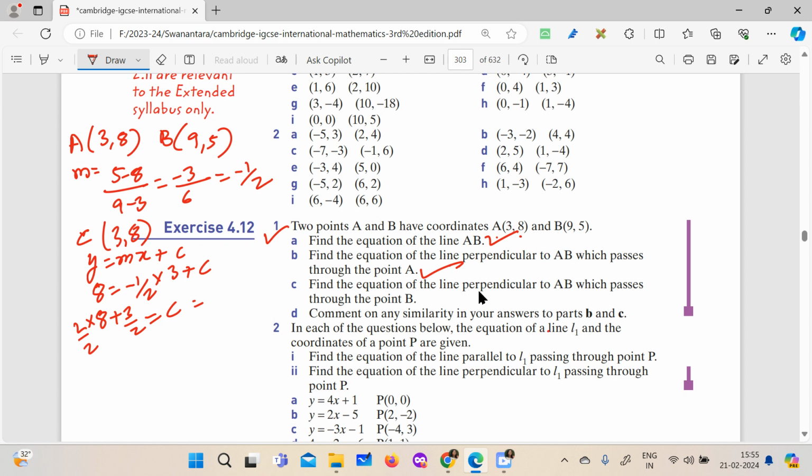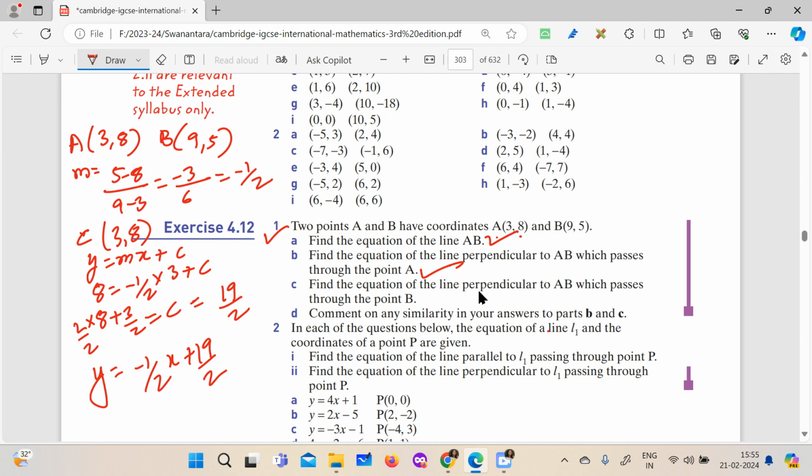You get 16 over 2 plus 3 over 2, that is 19 over 2. So your value of c is 19 over 2. Is this clear until here? So you will have the equation of the line as y equals minus 1 over 2 x plus 19 over 2. Any doubt in finding the equation of line AB?